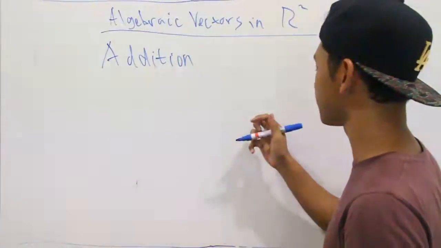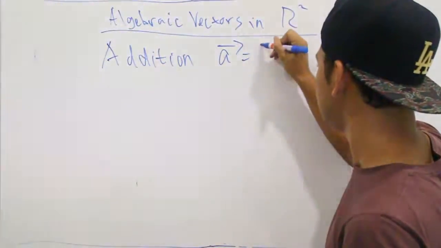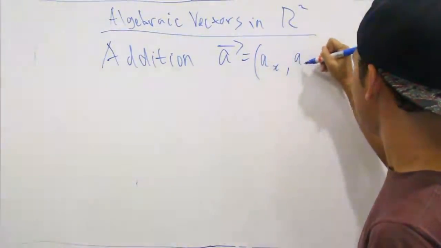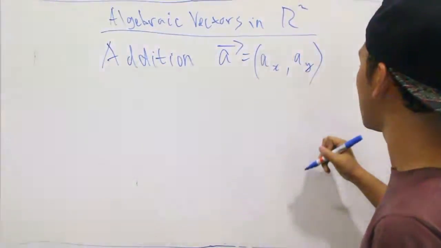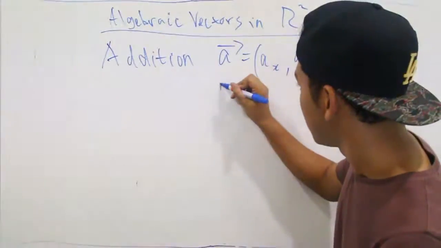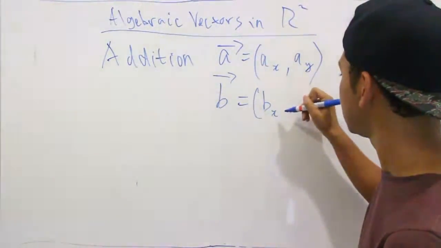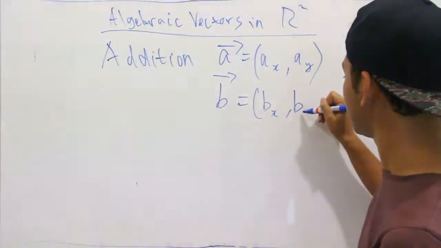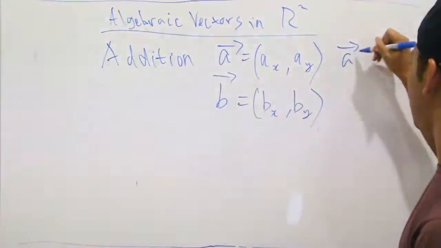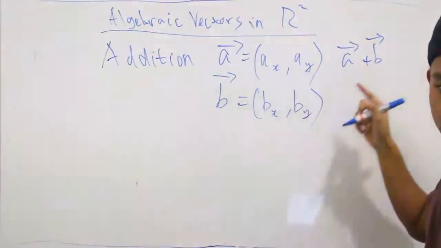We have vector A equal to AX and AY, and vector B equal to BX, the X coordinate, and BY, the Y coordinate of vector B. We want to add A and B.